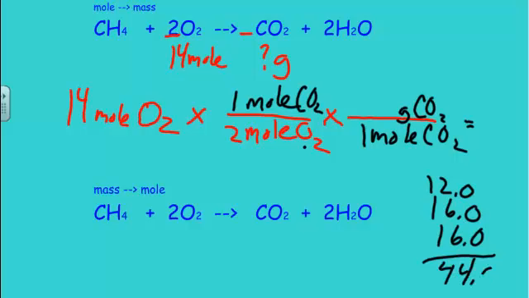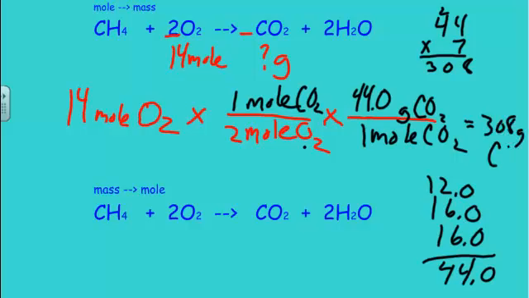But since there's 2, I'm going to have to add 16 twice. And when you add those together, you get 44 grams of carbon dioxide. Now, mathematically, you would take 14 divided by 2, which is 7, and 7 times 44. 44 times 7 is 308.